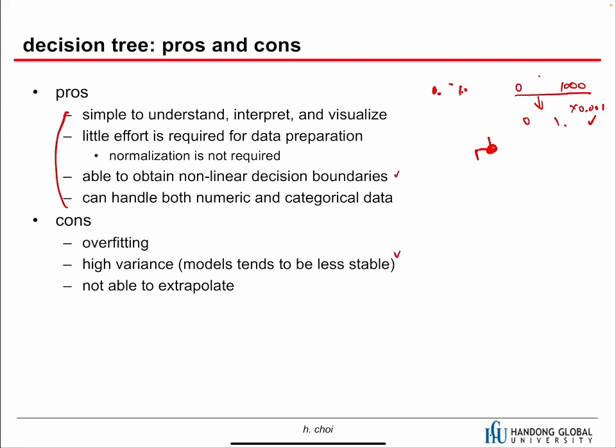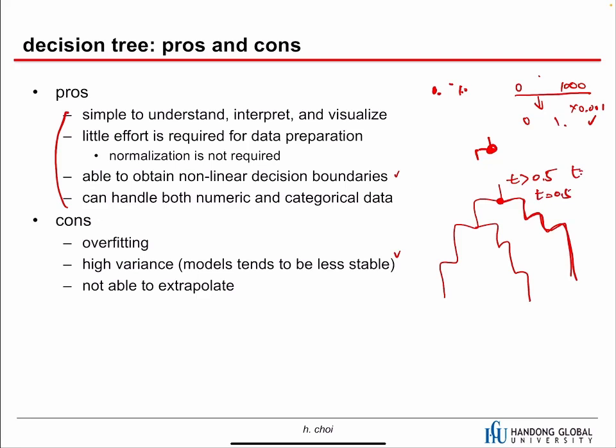So the model might be unstable because we have a lot of branches, right? So when we use one specific feature at this root node, let's say if the threshold t is 0.5, it goes to the right subtree.